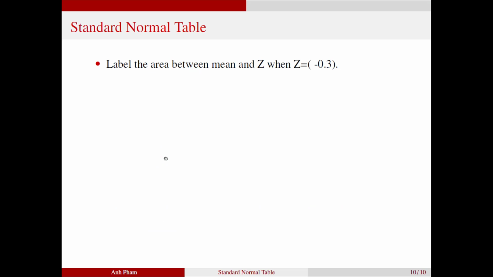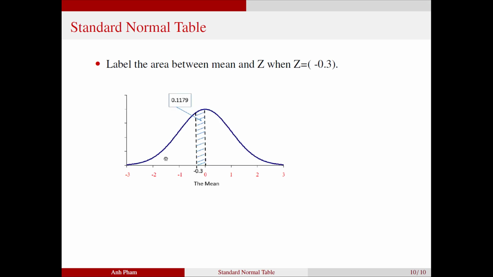Similarly, you can label the area between mean and z when z is equal to minus 0.3. You look into the table in Appendix A for the standard normal distribution, look where z is equal to 0.3, and look for the area between mean and z, and you will find that this value is 0.1179.